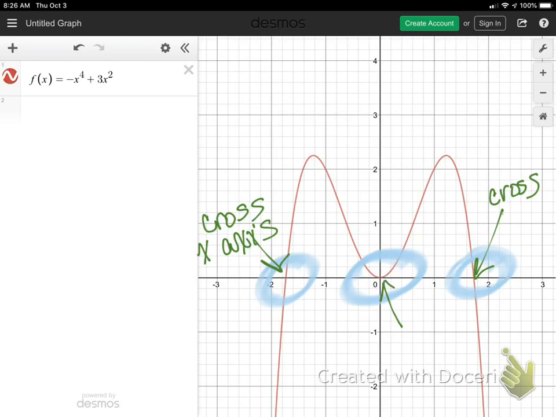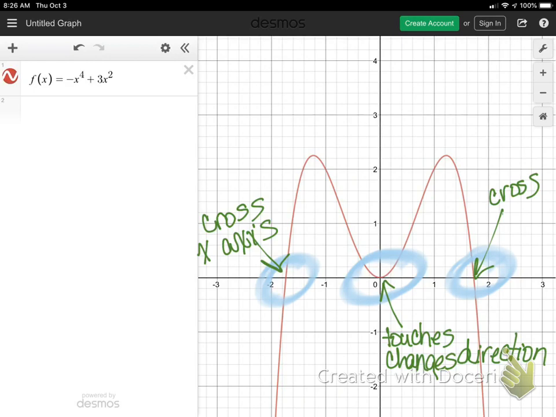It touches it, and then what happens? Right, that's exactly right. It touches it, and then it changes direction. So our graph is behaving differently at 0 than it's behaving close to -2 and close to +2.